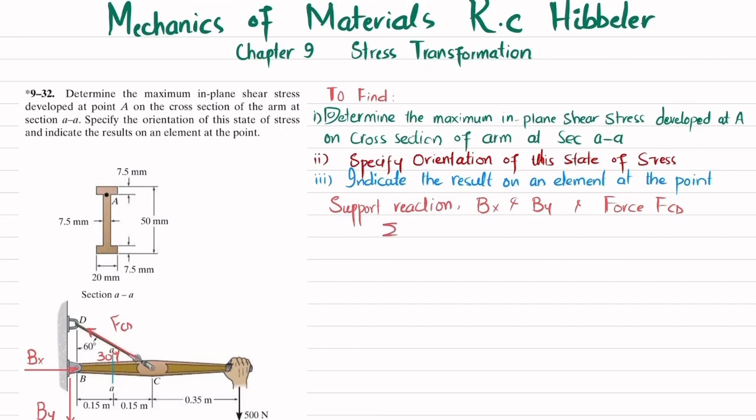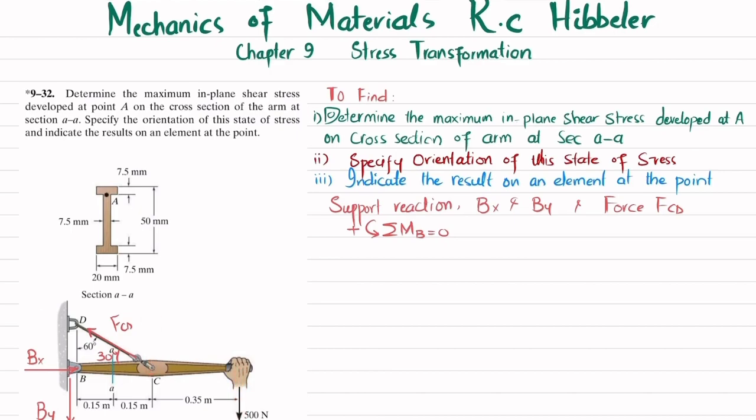The first equation of equilibrium is that the sum of all moments about point B is equal to 0, taking counterclockwise moment as positive. You can see this is point B. These two forces are passing through point B, so they are not producing moment, and the only forces producing moment about point B are this 500 Newton and the vertical component of force FCD.